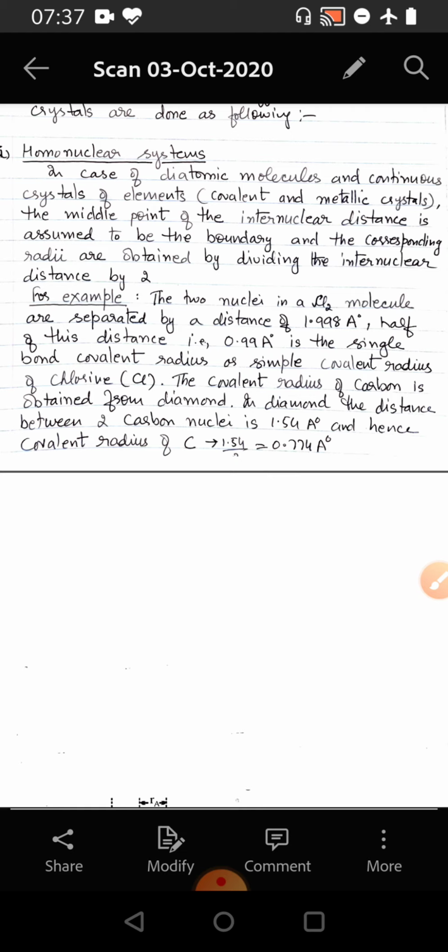Half of this distance, that is 0.99 angstrom, is the single bond covalent radius or simple covalent radius of chlorine. The covalent radius of carbon is obtained from diamond. In diamond, the distance between two carbon nuclei is 1.54 angstrom, and hence the covalent radius of carbon comes to be 0.774 angstrom.